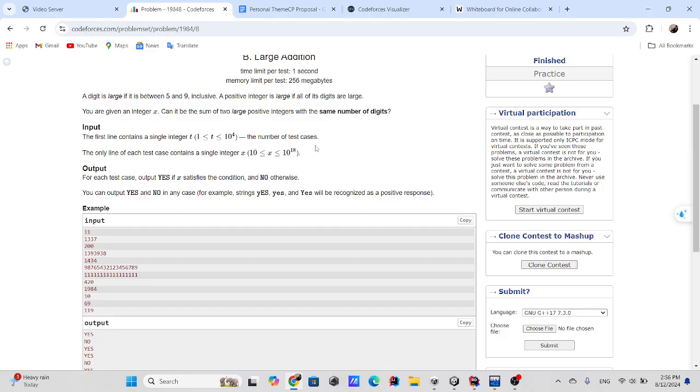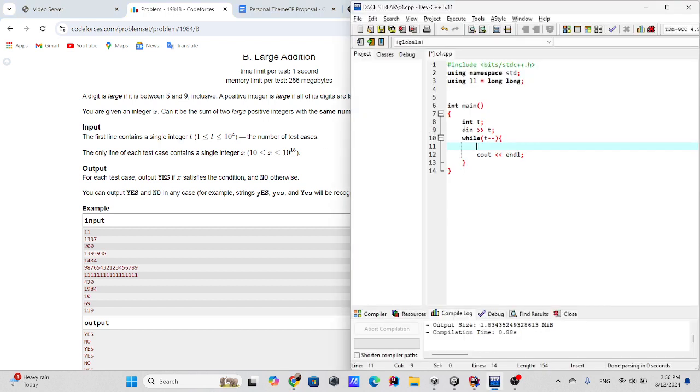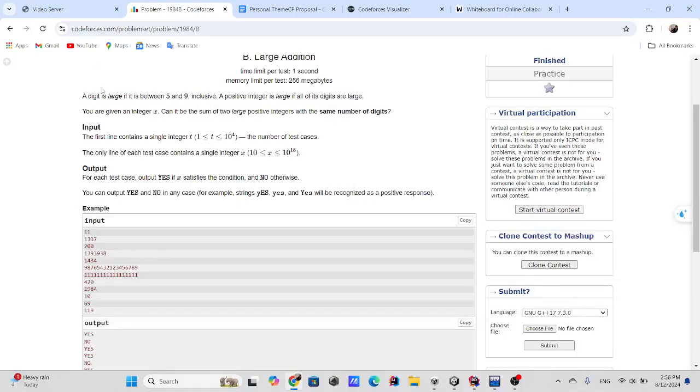A single number x, and it is long, as you can see, 10 power 18. That is definitely long. A digit is large if it is between 5 and 9, inclusive. You're given x.